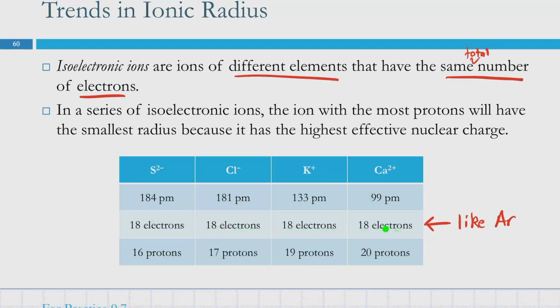Since they all have the same number of electrons, the thing that's different is the number of protons. Adding more protons, just like moving left to right on the periodic table, we're changing our effective nuclear charge. And so they get smaller.